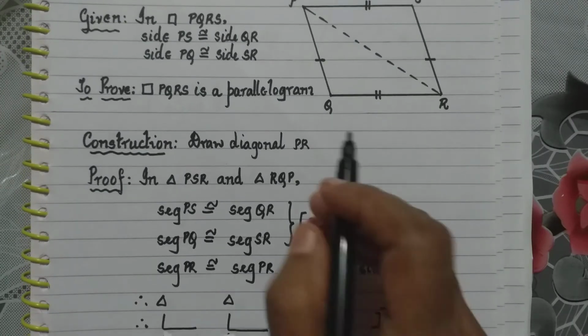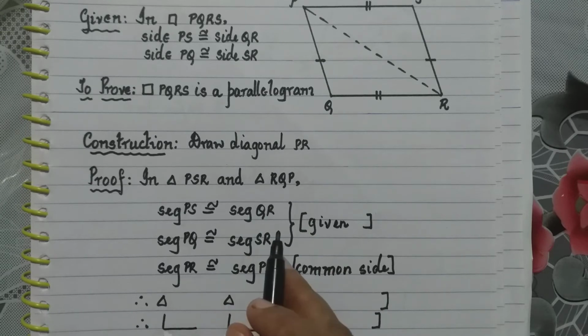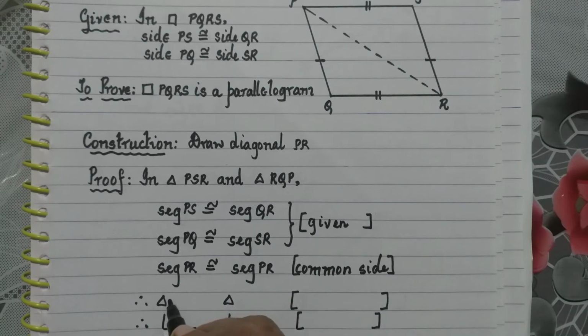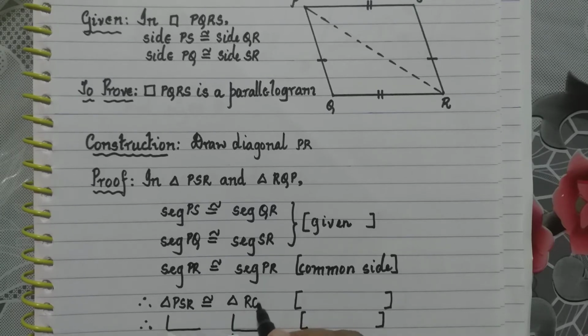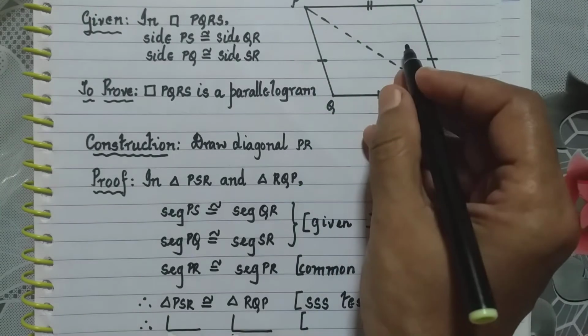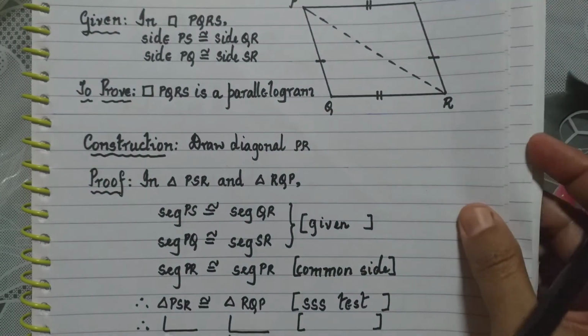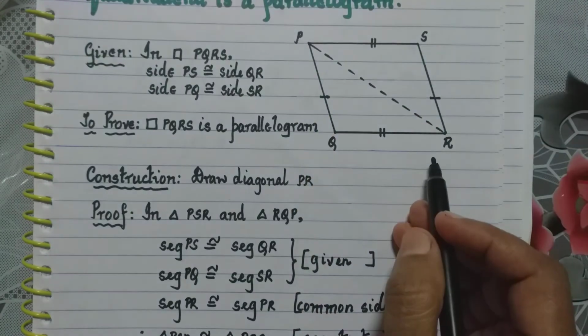That means the two triangles, triangle PSR and triangle RQP, are congruent to each other. So triangle PSR is congruent to triangle RQP. When three sides are congruent, then it is by the SSS test.